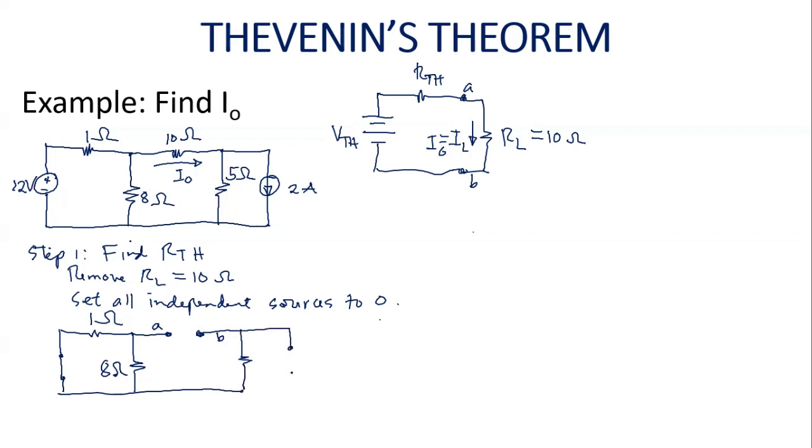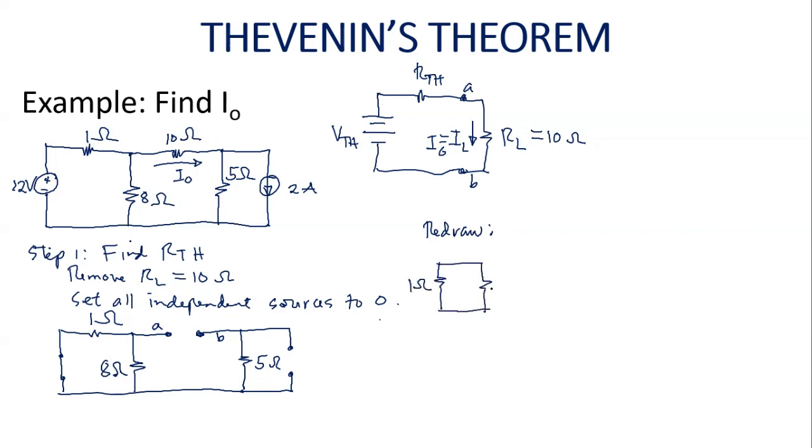And the current source be replaced by an open circuit. Okay. Now, since in the open circuited terminals, no current flows, so it can be neglected. If we have to redraw the circuit, the 1 ohm and the 8 ohms are now connected in parallel.